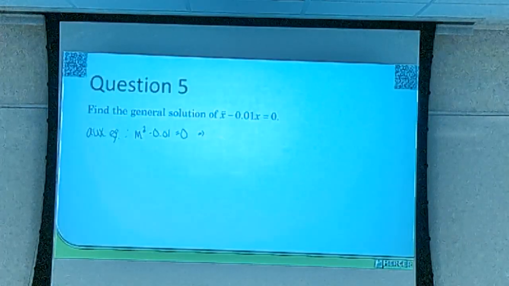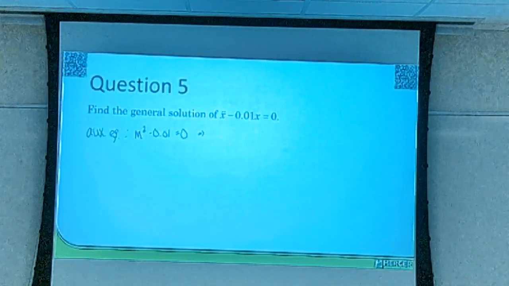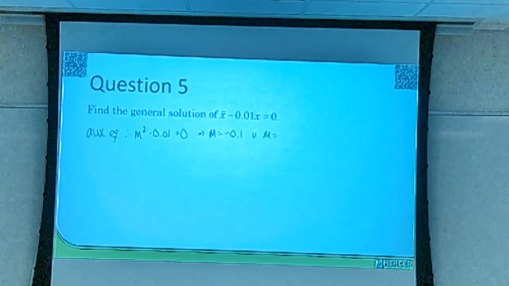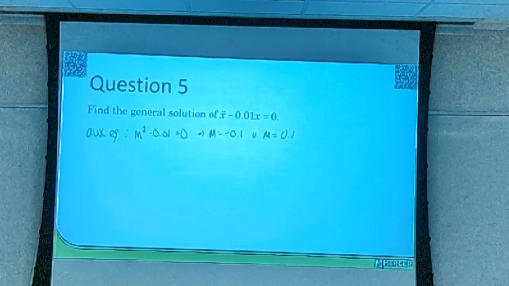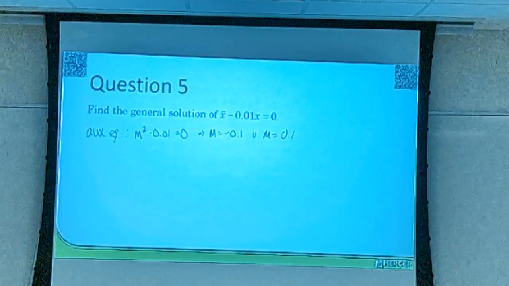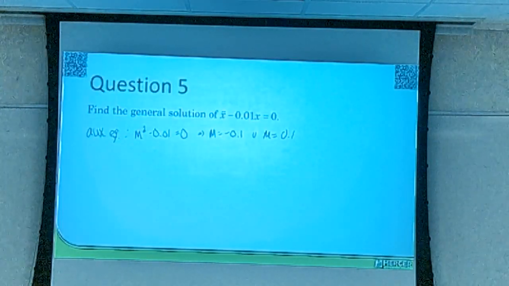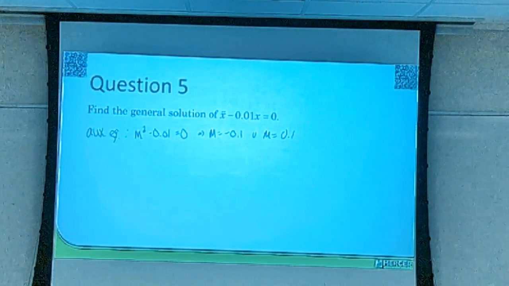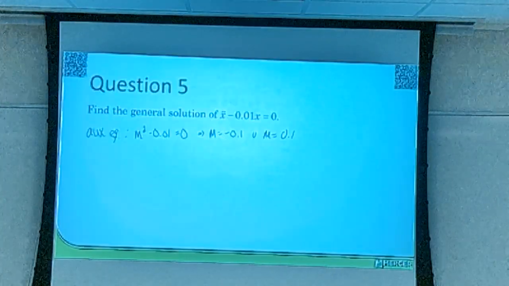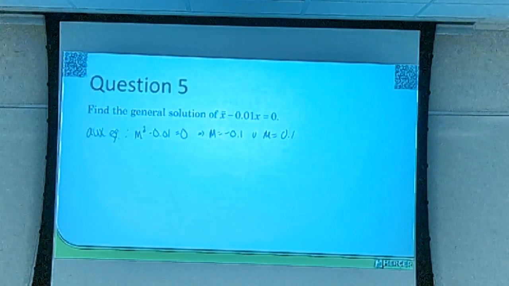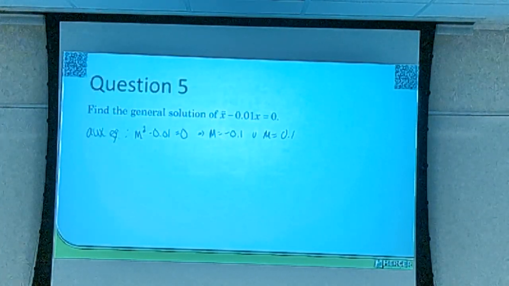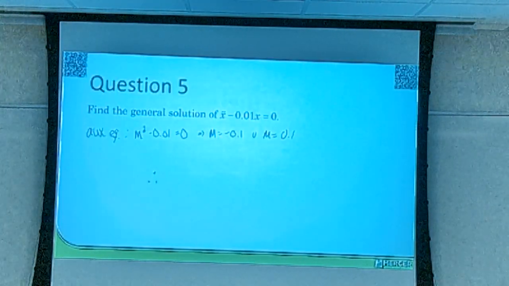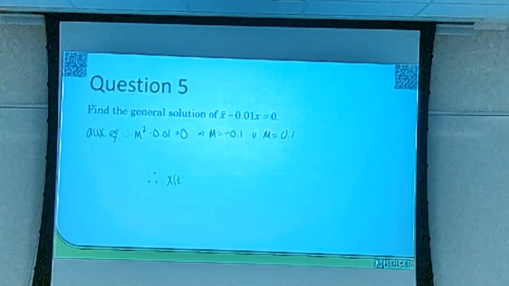It's 0.1. Taking square roots of decimals is generally easy. And this is going to be what? x of t, right?